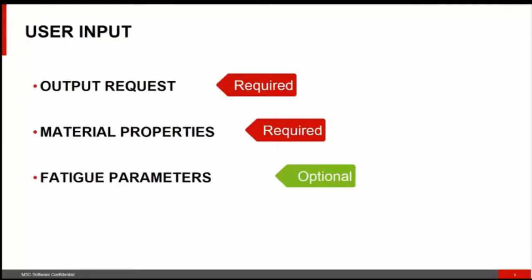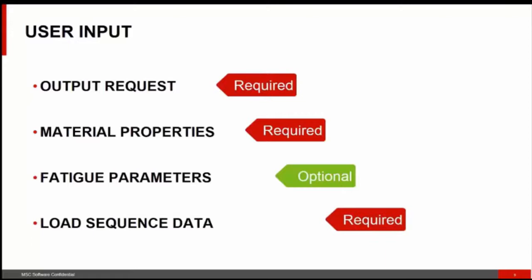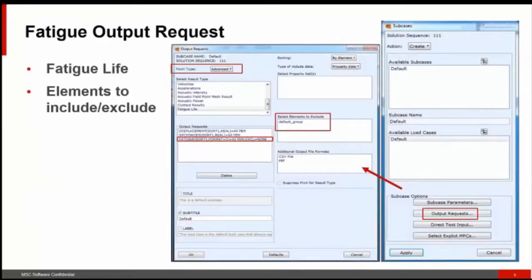If defined, users can define specific parameters related to vibration fatigue or related to how they want to output the results on the nodes or elements, etc. If not defined, all the defaults will be used. The last option, which may be a little bit more important, is also required: defining the load sequence and the way the load is applied and all the stuff related to it. So these are the 4 main options. We're going to be going over some of these.